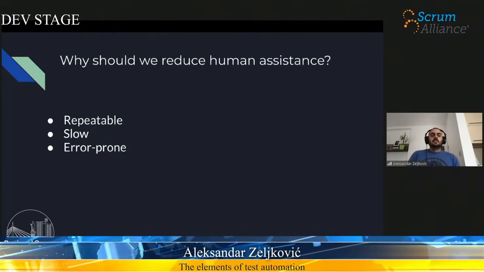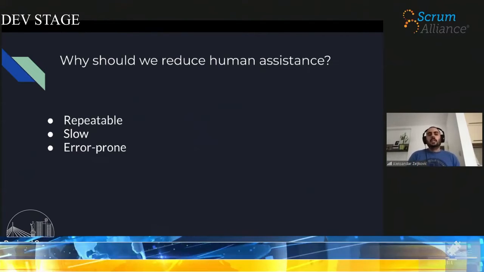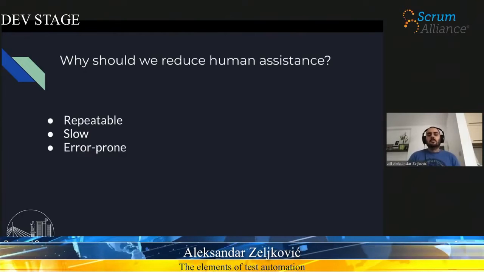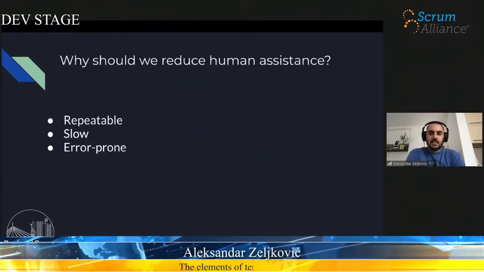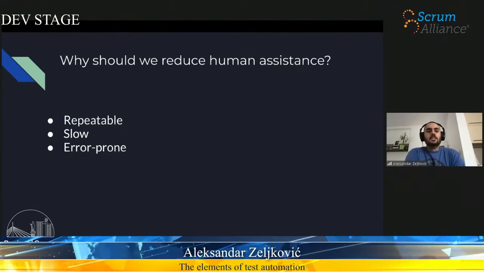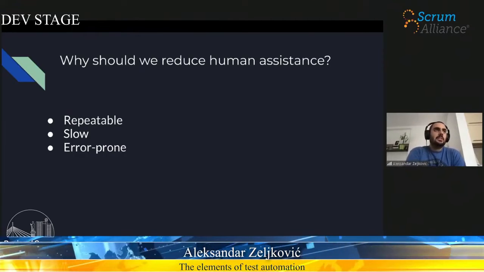Also, there are a lot of slow tasks where we as humans are very slow in execution. For example, some difficult calculations, sometimes we need hours to do them, and on the other side, software can do it in a couple of milliseconds. So those tasks are also good candidates for automation.